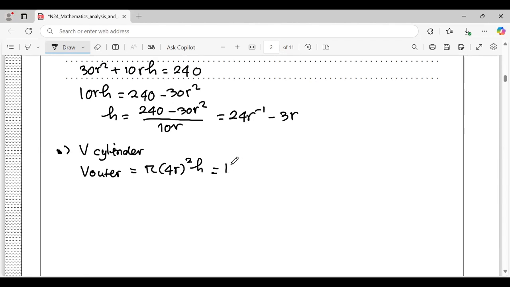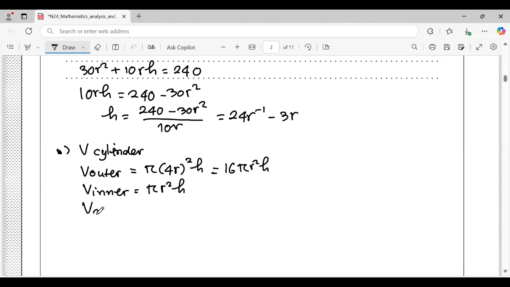This is 16 pi r squared h because 4 squared is 16. Volume inner, the smaller cylinder, is pi r squared h.